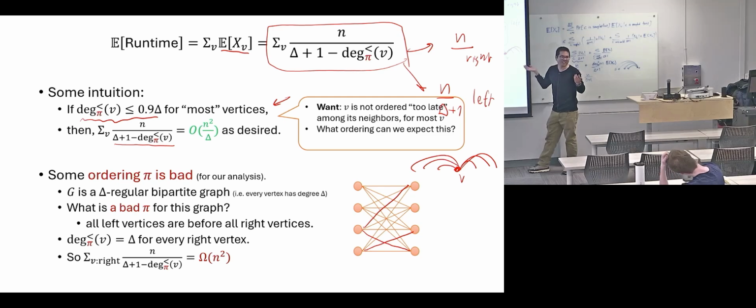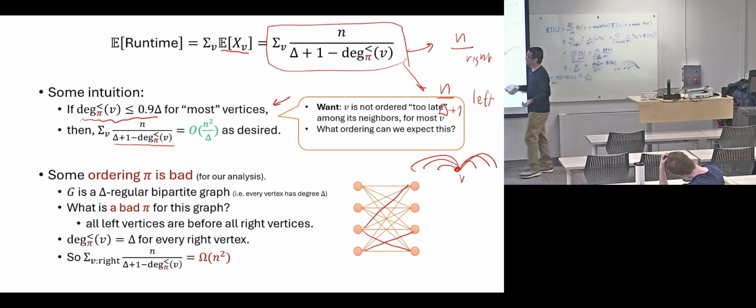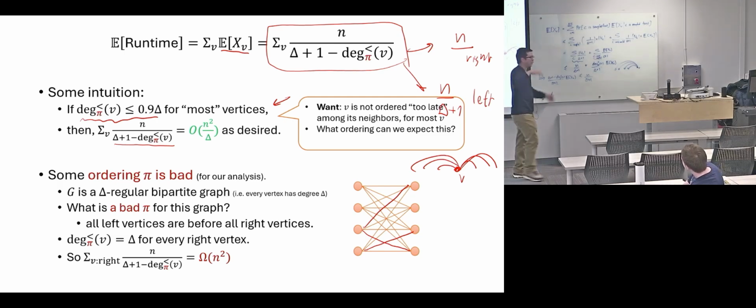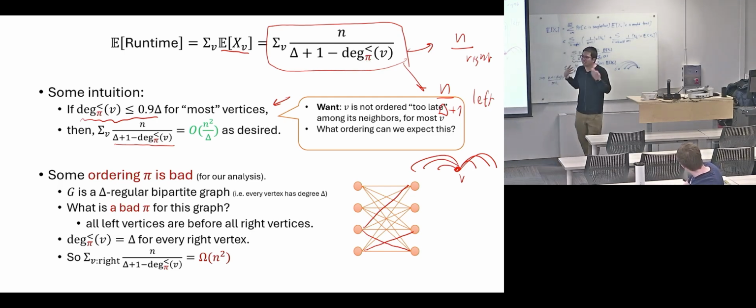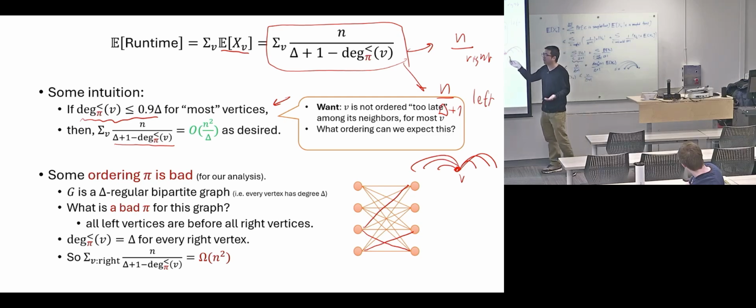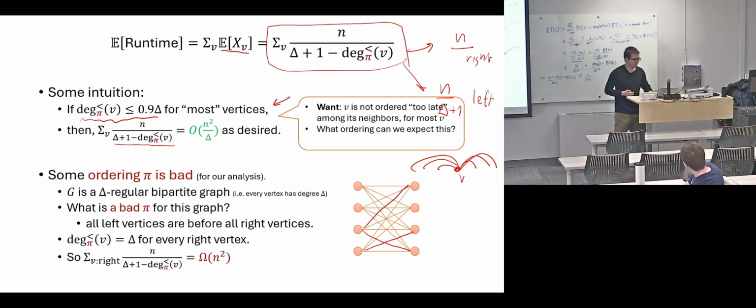And this is really good enough. You just don't want yourself to be too late in the order compared to your neighbors. And with random ordering, you expect yourself to be kind of in the middle. So we just do exactly this.